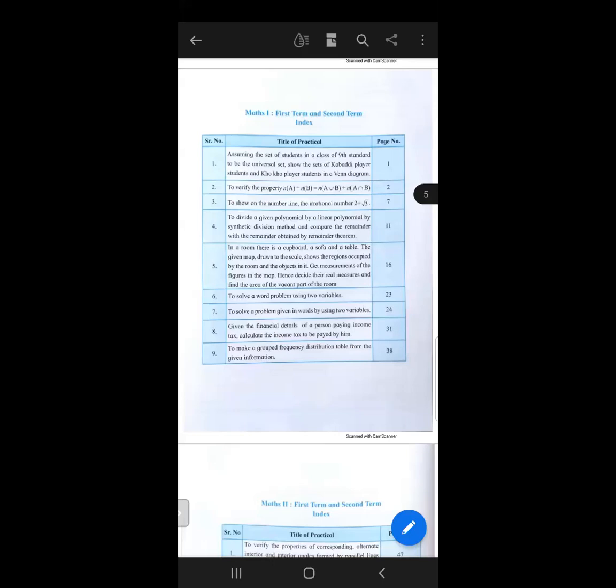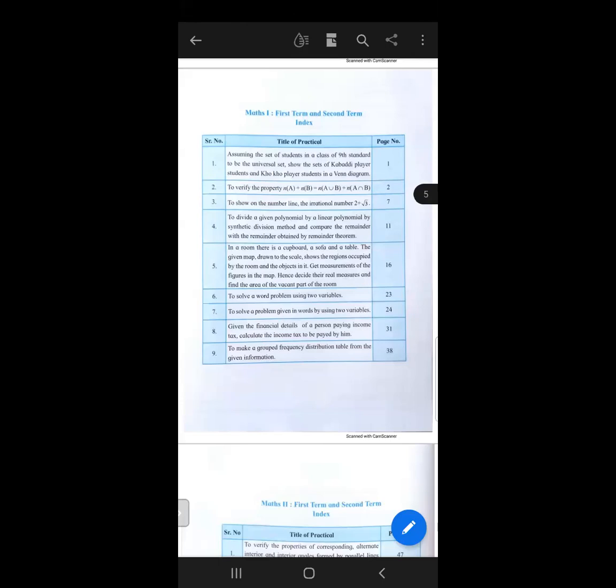Then we had also done the second one, that is, to verify the property n(A) + n(B) = n(A ∪ B) + n(A ∩ B).